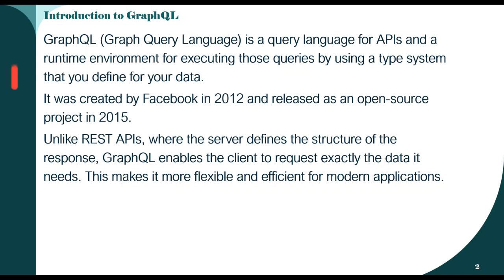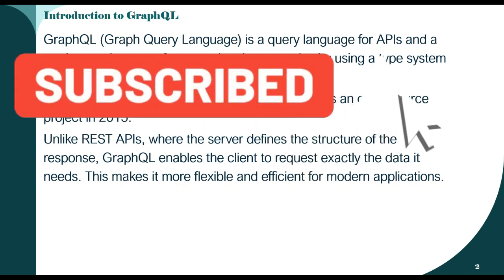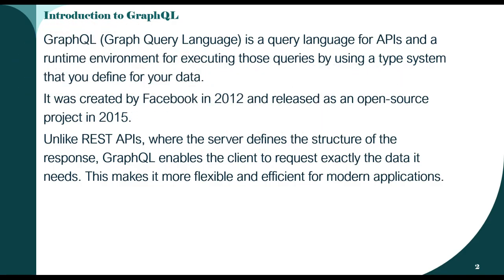It can request whatever exactly it needs. This is much more powerful and much more efficient compared to REST API. Why? We'll look in the further slides. So this is an introduction to what exactly GraphQL is about.